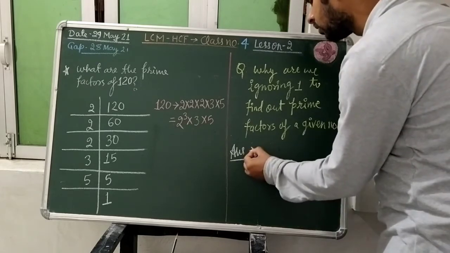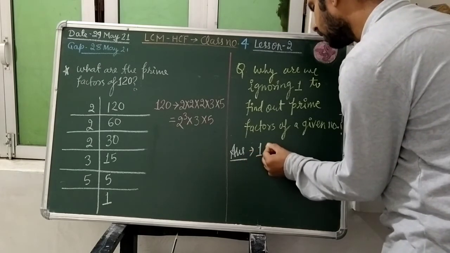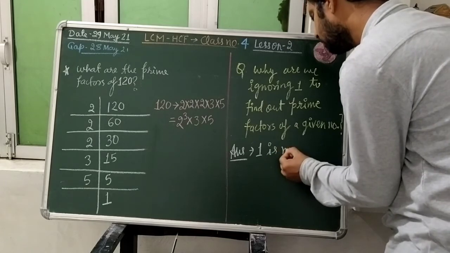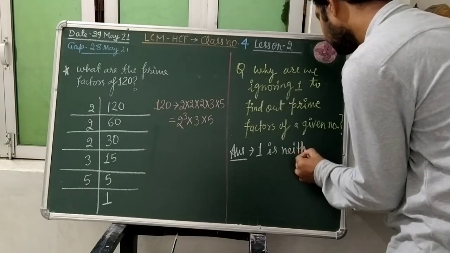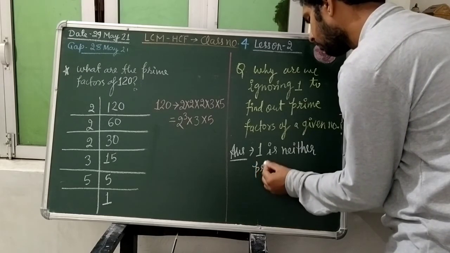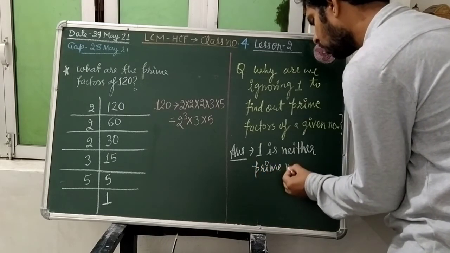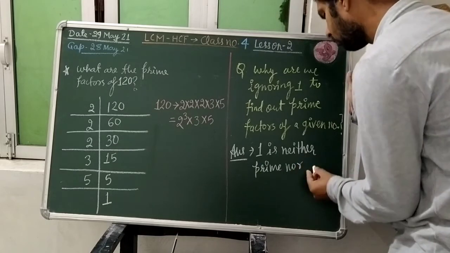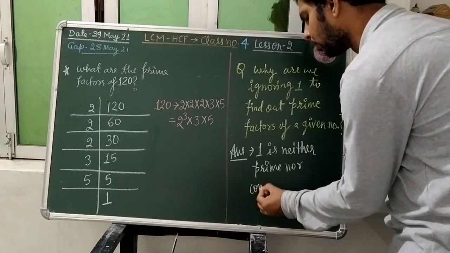Since, students, 1 is neither prime nor composite.